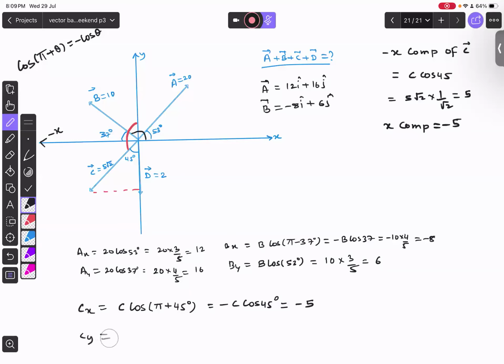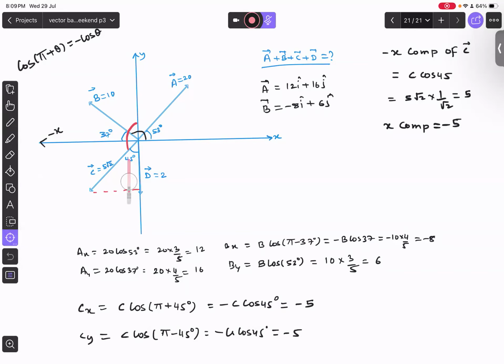The y component will be C cos of the angle made with positive y, which is pi minus 45. So that is minus C cos 45, and that will come to minus 5. Or again, you can do it another way. How much angle is it making with minus y?